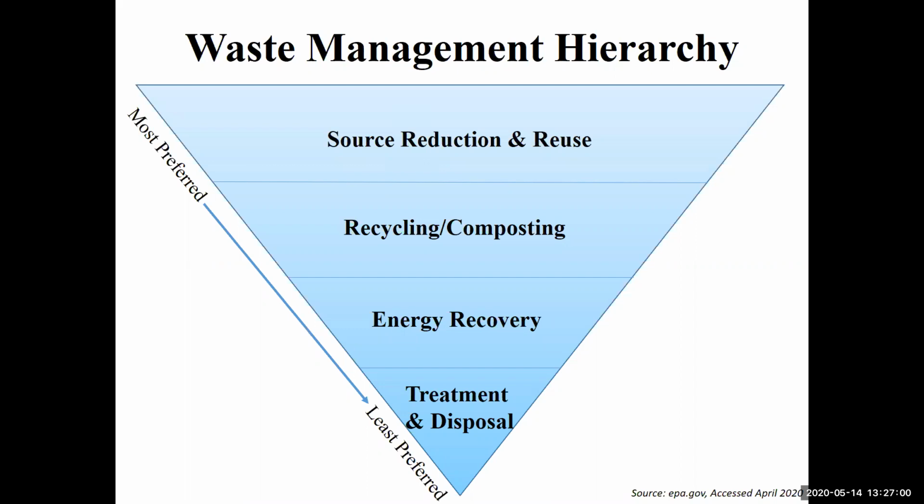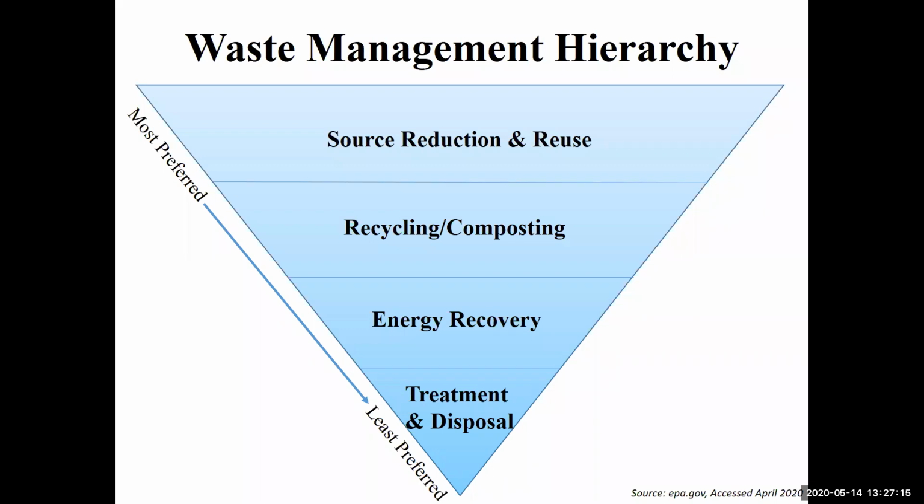Now, we can accomplish this in various ways by, say, changing our purchasing habits, where we are, say, buying products that have less packaging. We are donating gently used items for others to enjoy.